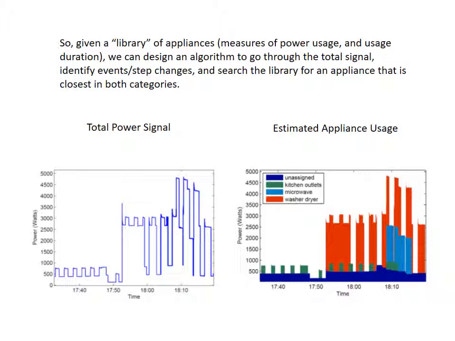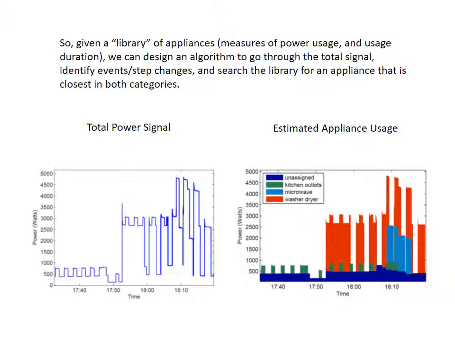So then we design an algorithm, right? We have this total power signal on the left, and we're extracting all the events. Events being any time where we see a step change in power consumption, whether that means going up or going down. When we see something go up or down, we go to this library of devices that we have, and we say, okay, anytime it goes up by 500 watts, that could be 100 light bulbs, or it could be an oven turning on or something like that.